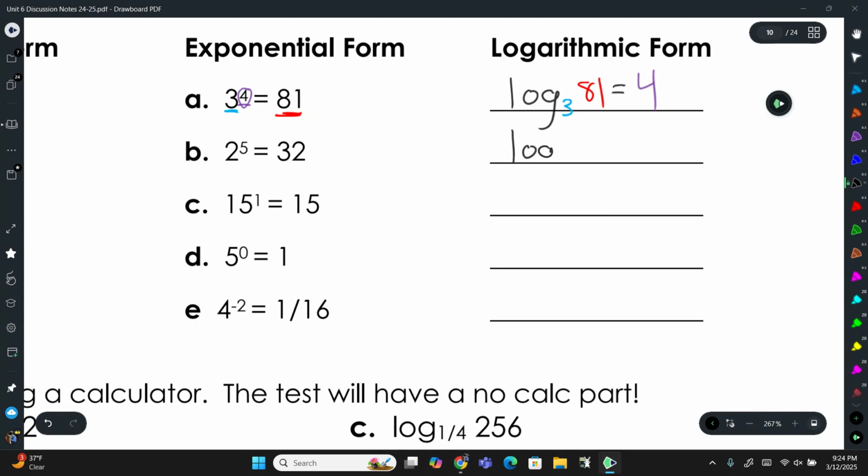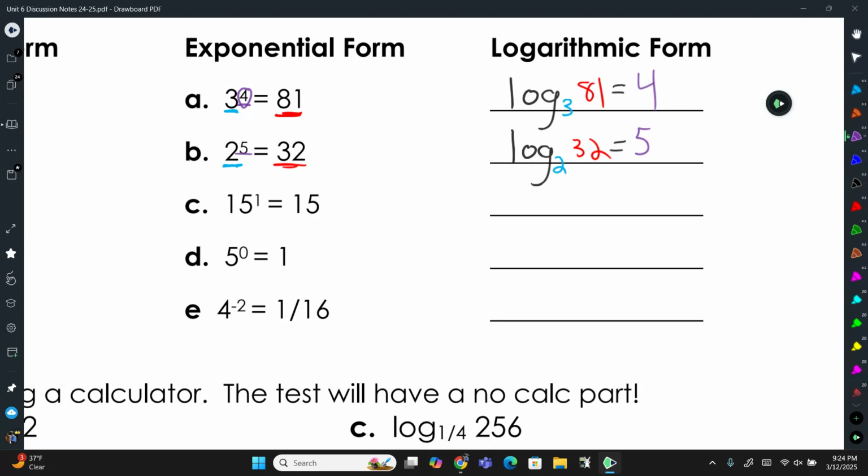So then we have log. Our base is 2 this time. Our other number is 32, and it equals our exponent, 5.